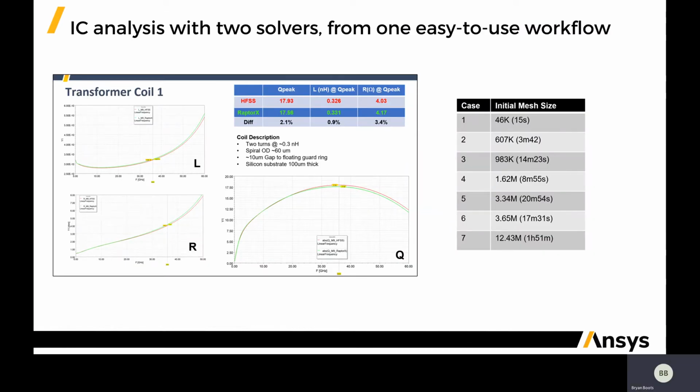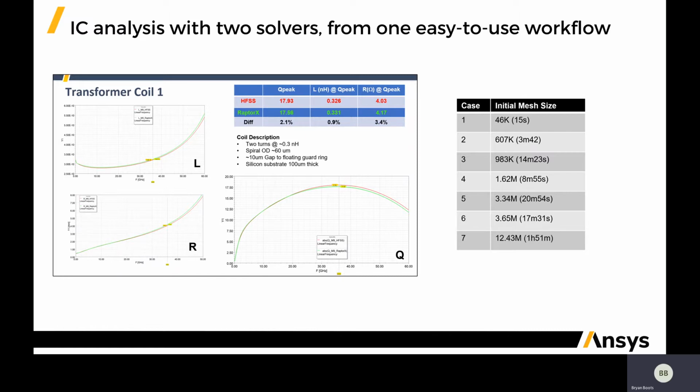Now, from a designer perspective, there is real power in having access to 2 world-class solvers from one streamlined interface. And my view on this is one of confidence. So if we can get 2 disparate methods to achieve a tight level of correlation, I think it lends confidence to the simulation methodology.